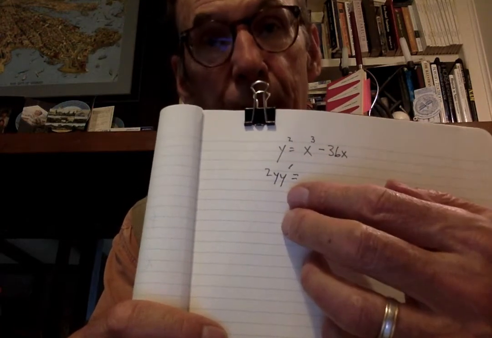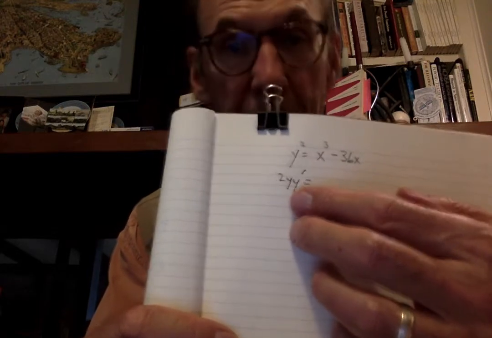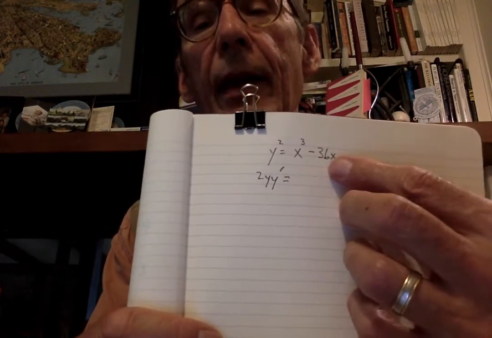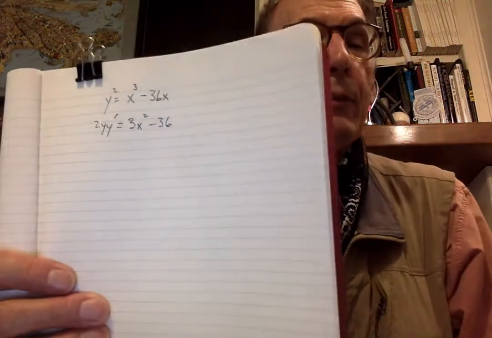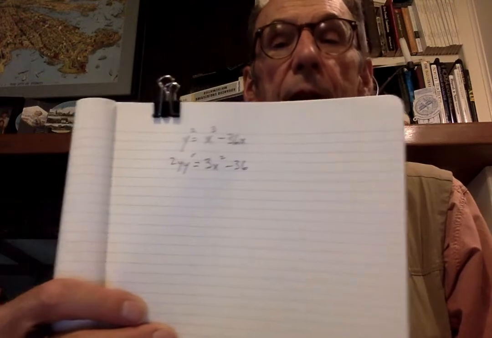That's the 2 scoops of raisins per package, 12 packages per carton deal. And then the derivative of x cubed minus 36x is more straightforward. That's 3x squared minus 36. And so that is what we get from doing the derivative implicitly.